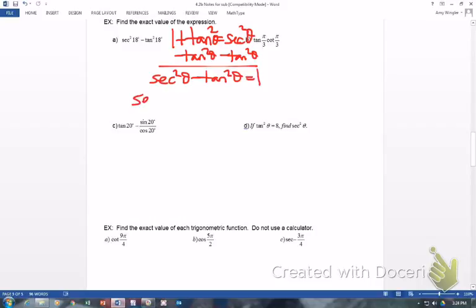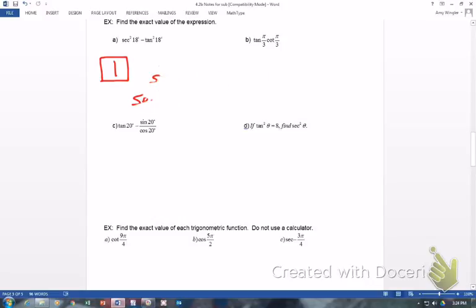If I let the thetas be 18 degrees, I can also see that the secant squared of 18 degrees minus the tangent squared of 18 degrees equals 1. So if I'm using my identities like substitution, I can replace this problem with a 1. If you recognize that without showing work, go for it. If you need to show all that work for your thought process, that's fine too.